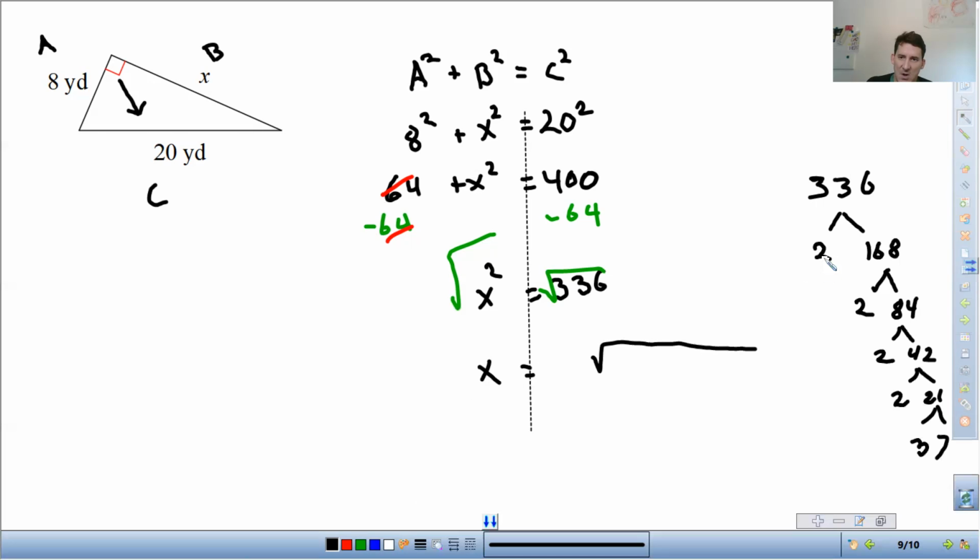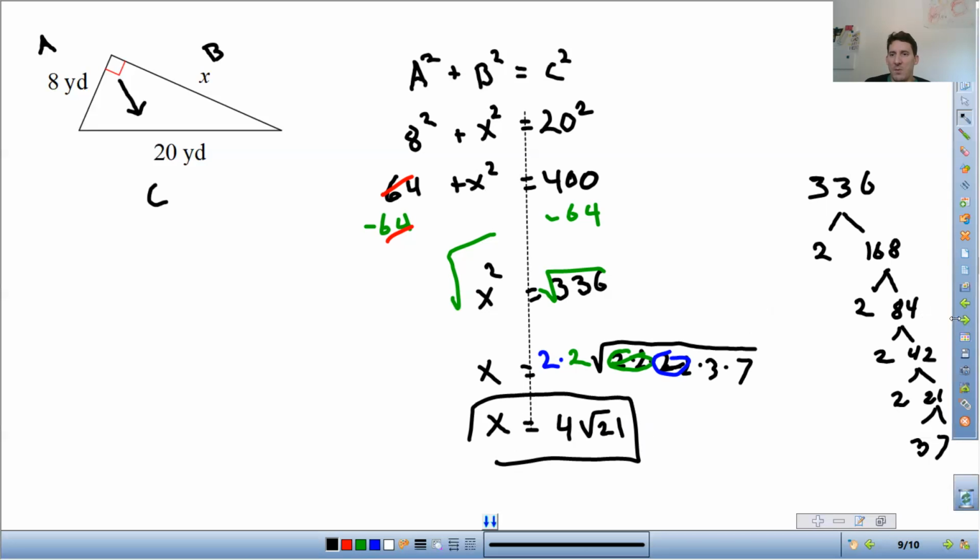So I have four 2s and a 3 and a 7. So 2 times 2 times 2 times 2 times 3 times 7. Look for pairs. Pair of 2s, 1 on the outside. Pair of 2s, 1 on the outside. No more pairs, so I get x is equal to 4 root 21.